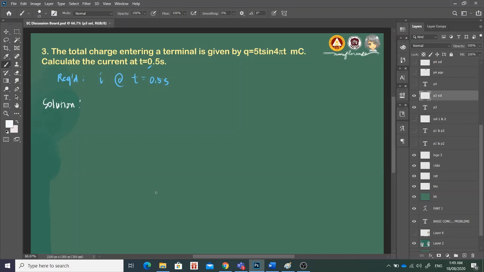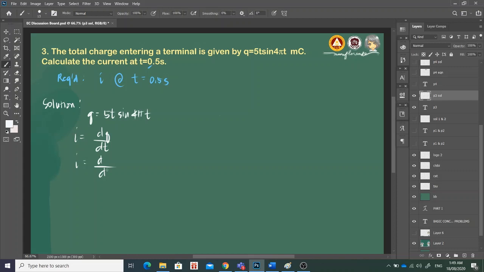So, solve na natin yung 3. So, start tayo sa solution natin by differentiating Q using the equation of current. So, Q is equal to 5t sine 4 pi t. Okay, since we know that I is equal to dq over dt, so I is equivalent to the derivative.